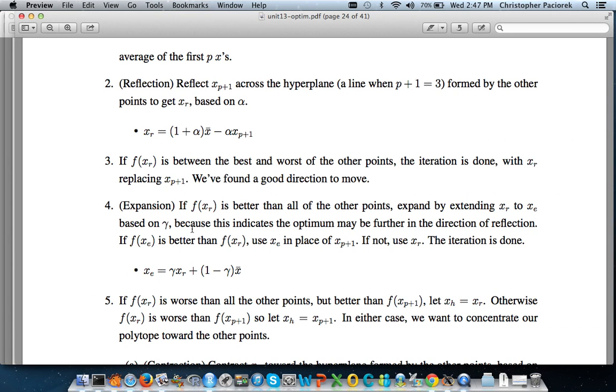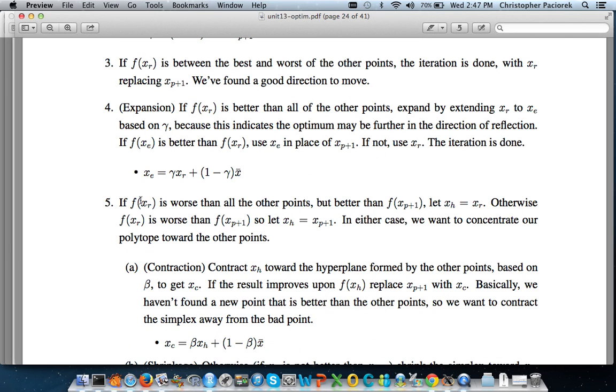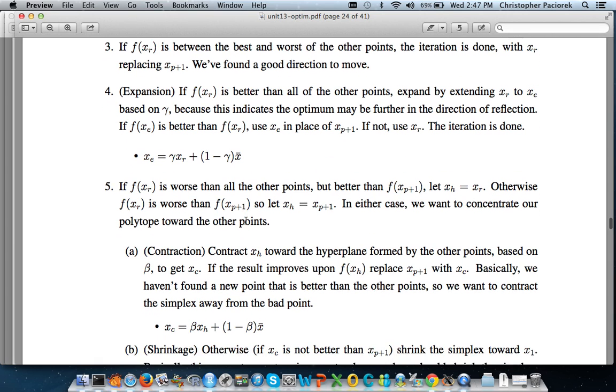So let's see. Right, so the expansion. If f of x r, if f of the proposed point is worse than all the other points, but better than the original x p plus 1, then we're going to use that x r. And if it's worse, then we're going to let x... Oh, I see. Okay.